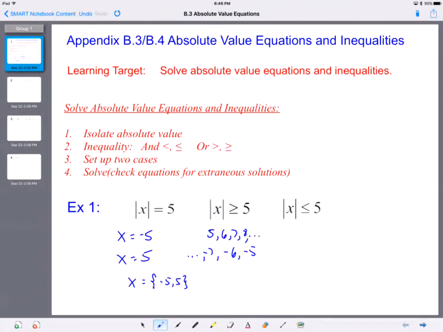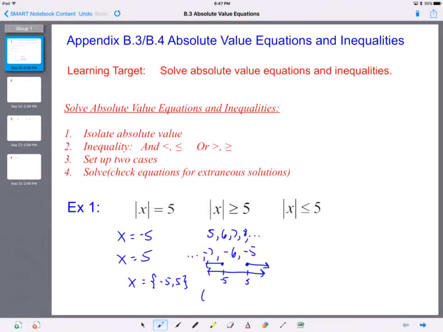So you have these two different sides, in terms of a number line, that you're getting solutions from, because you're looking for values that are greater than or equal to 5. So when you go to graph it, you have negative 5 and 5. You have all these as solutions, and you have all those as solutions when it's greater than or equal to some value, because you can get it from both sides.